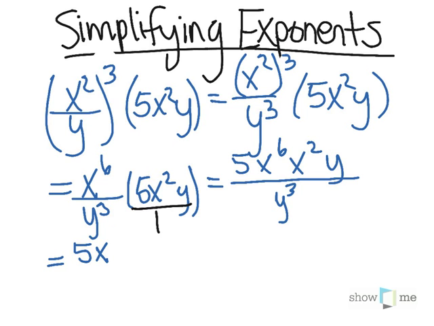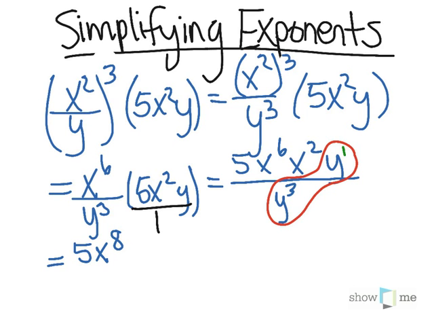Actually, let's not write down that y, because at the same time I can notice that I have a y in the numerator and a y cubed in the denominator. Now remember that if there is no exponent, it means that there's an exponent of 1. So if I want to simplify this, I know I can subtract their exponents.